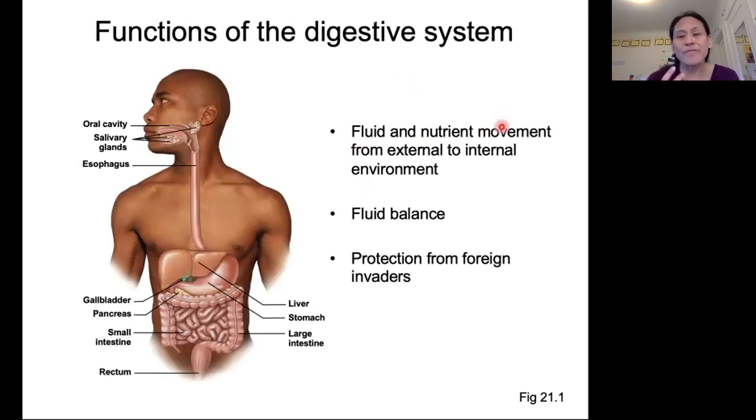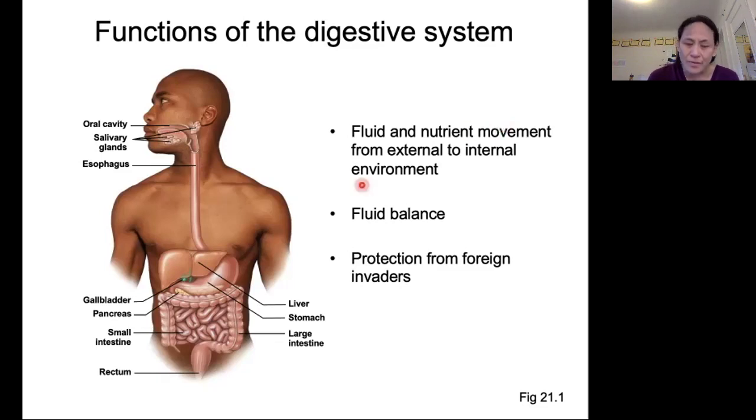So we have all of these molecules that make up our bodies, that carry out all of these processes in our bodies. We need a source for the materials to make those molecules. We also need a source of energy to power all of the things that happen in our bodies. And we get both those building blocks and the energy from the food that we eat.